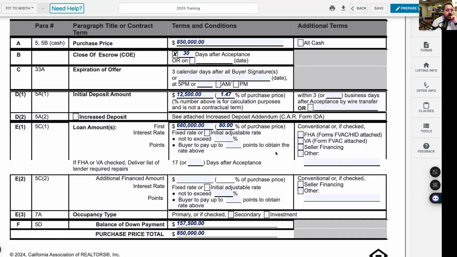Okay. Now, the thing that's important that we all miss, and this is important for me to talk about when we get to this point, and I do it every time we're in this section, is it is necessary for us to have a number in this box, not to exceed a certain percentage.